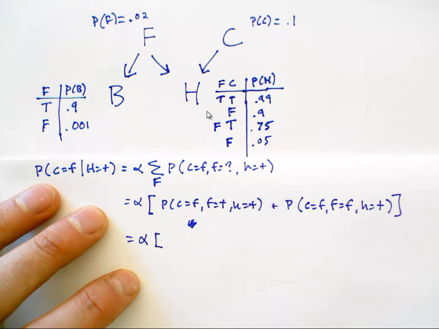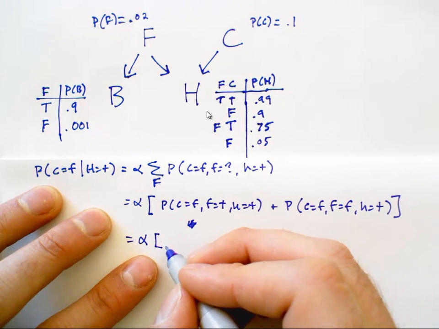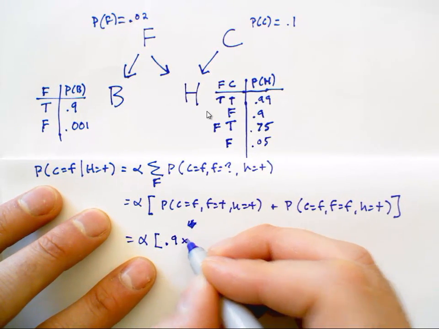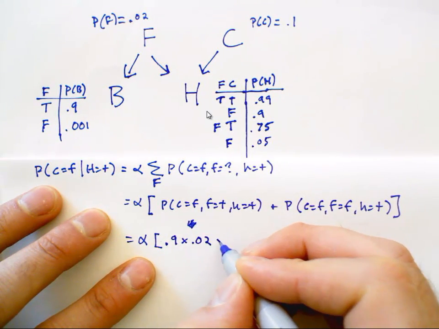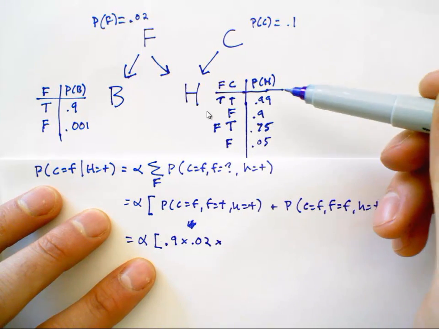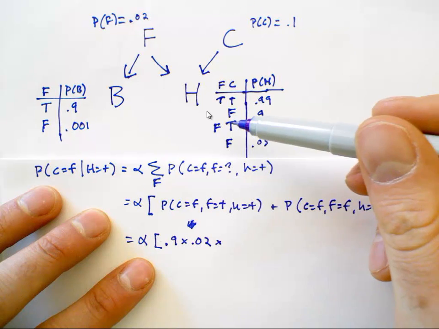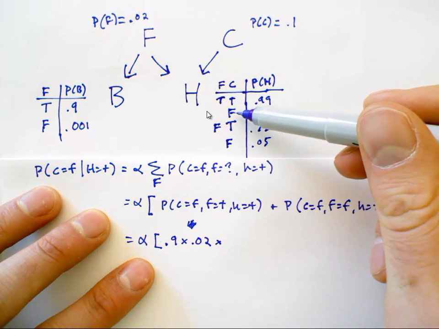Who would like to go next? Dylan. C is false is 0.9. F is true is 0.02. And H being true, given that F is true, and yeah, so that's what's over under.